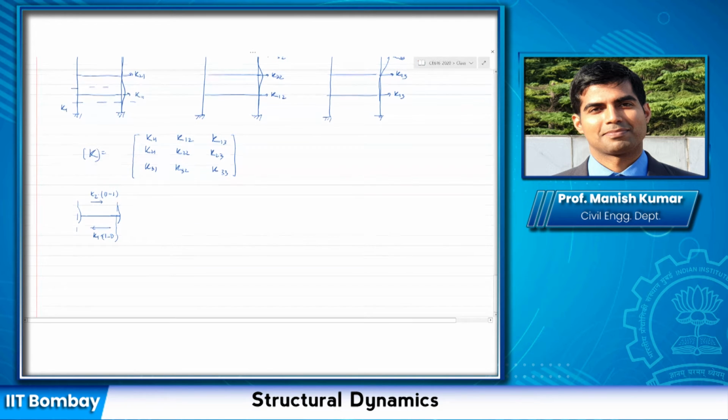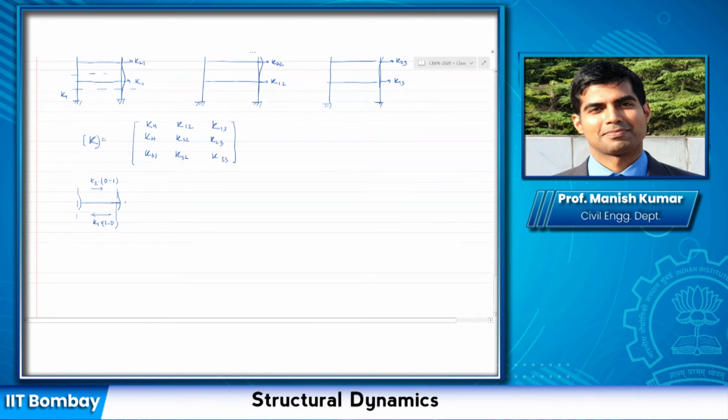Okay, so if you look at this, this is my K11, and if I write down my equation of motion for this one, K11 is nothing but K1. Okay, so K11 is in this direction. K1 minus of minus K2. So it would be K1 plus K2.